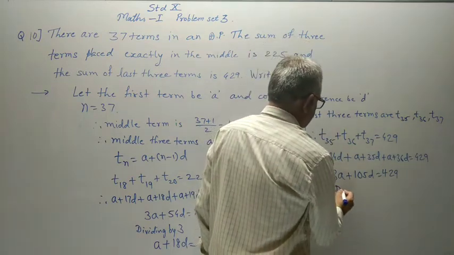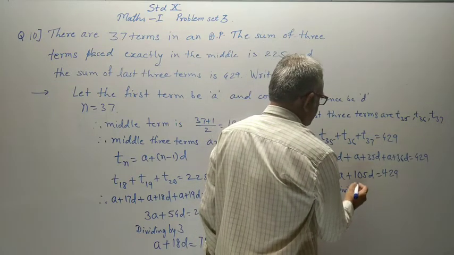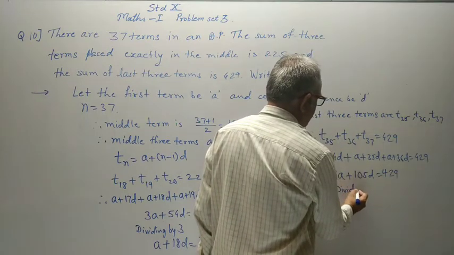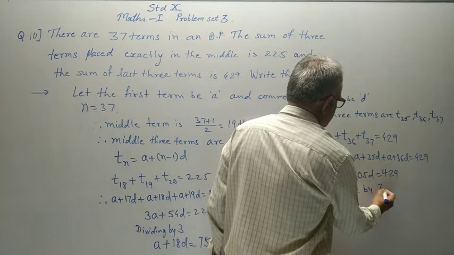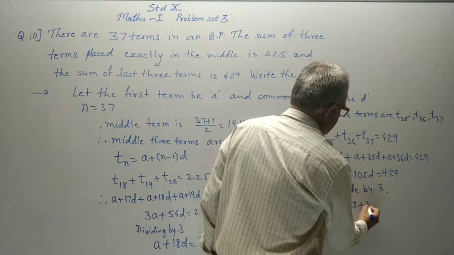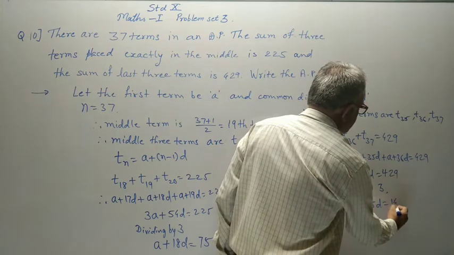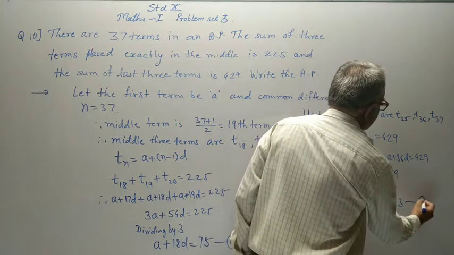All are divisible by 3, so divide by 3 on both sides. A plus 35D equals 143.